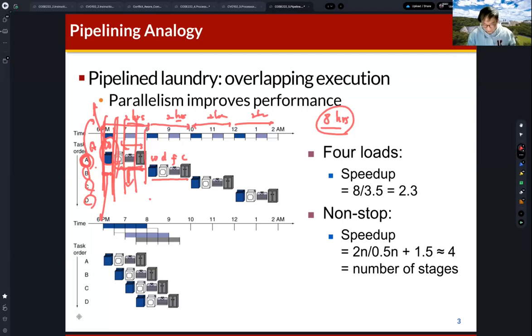Okay, so if resources are wasted, you want to avoid this situation, right? We have 4 resources here, but for each time slot, 3 resources are wasted, not used.